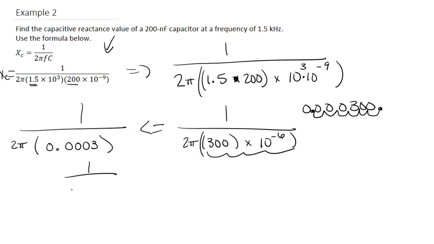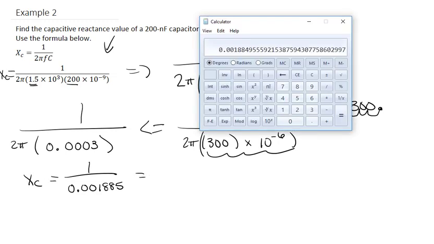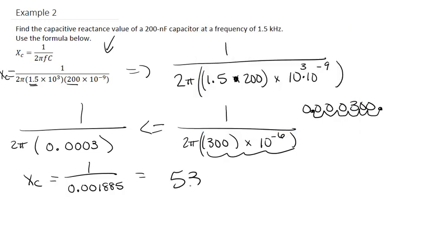So we get 1 over 0.001885. When we divide, we go 1 divided by 0.001885, and we get 530.5. And this is in ohms.